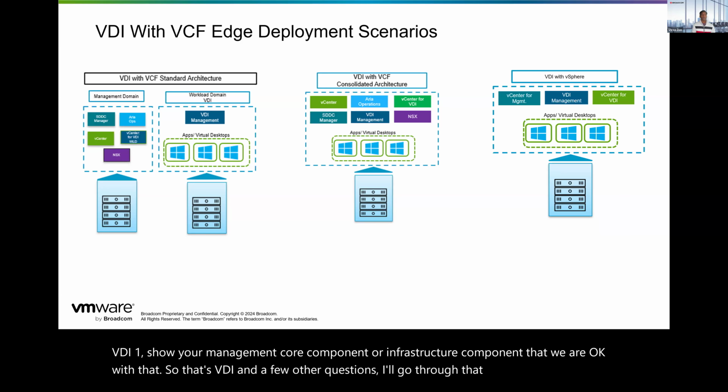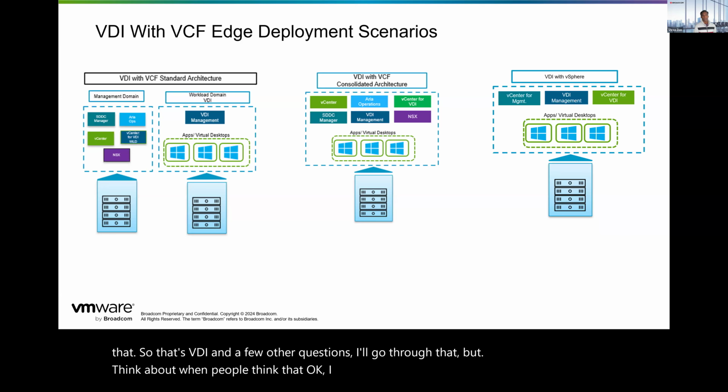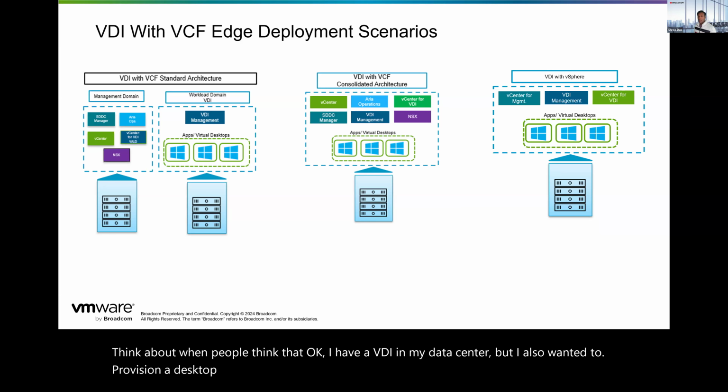But think about when people think, okay, I have a VDI in my data center, but I also wanted to provision a desktop pool in my edge locations. As long as your desktop pools are provisioning in an edge location and you satisfy your compute and everything, we don't care.